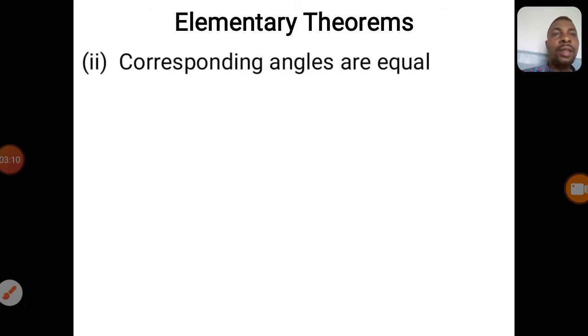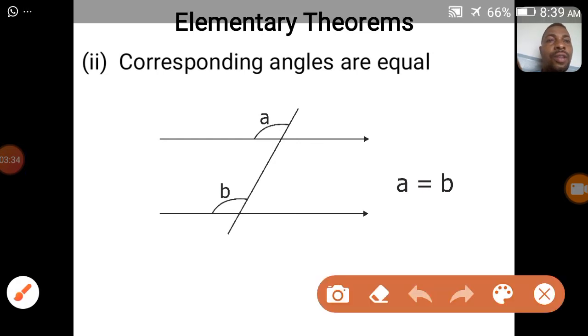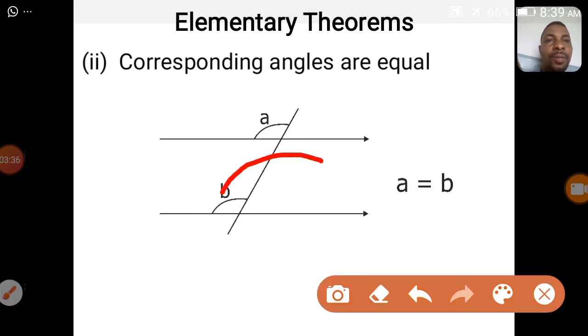Another one is that corresponding angles are equal. If you look at the diagram, you see two parallel lines, the lines with arrows, and you see the angles, and there's another line that cuts the two parallels. This line that cuts the two parallels is known as a transversal.